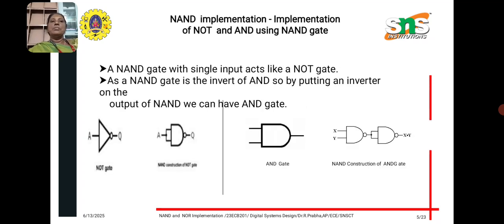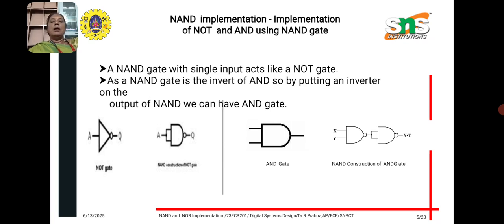Now we are going to see how to get a NOT gate and also an AND gate using a NAND gate. A NAND gate with a single input acts like a NOT gate. In the first diagram we are getting a NOT gate from the NAND gate. The two inputs of the NAND gate are combined and given as a single input. This type of arrangement gives a NOT gate output. Next is the AND gate.